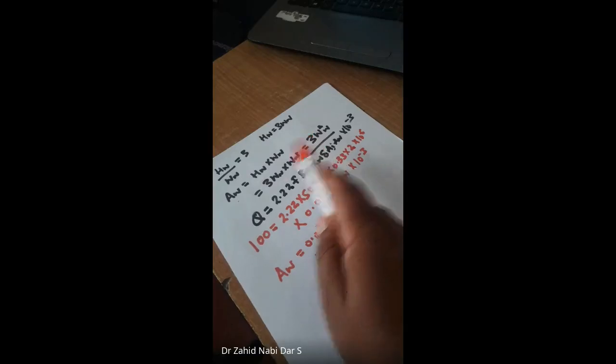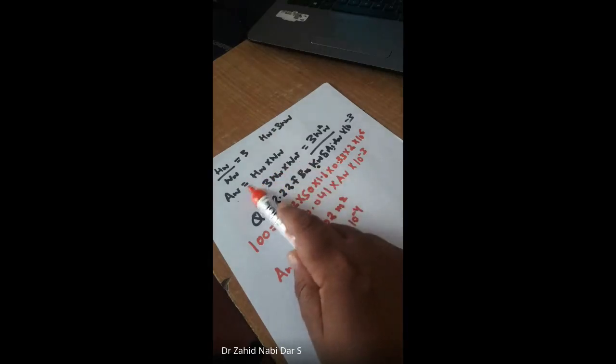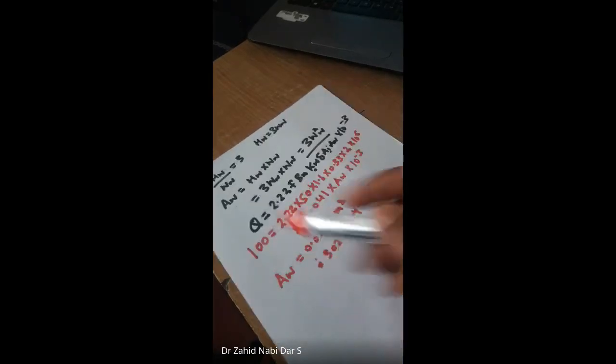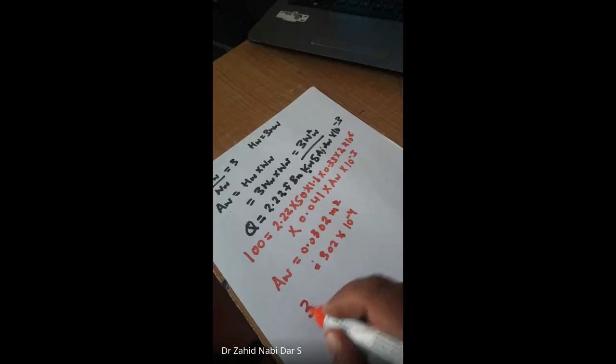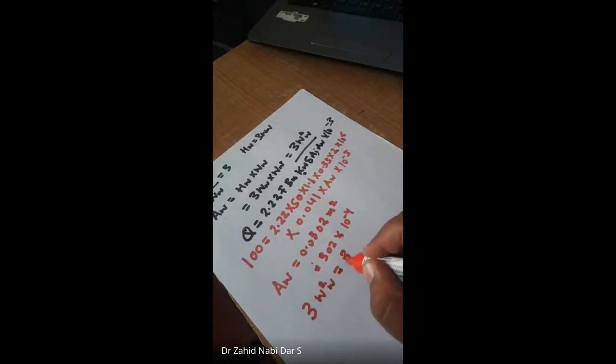So the area of the window, how I expressed it in terms of 3WW into WW. So the area of the window was 3WW square. This 3WW square is nothing but equal to this. So from here we can get the value of 3WW square, which is 302 into 10 power minus 4.